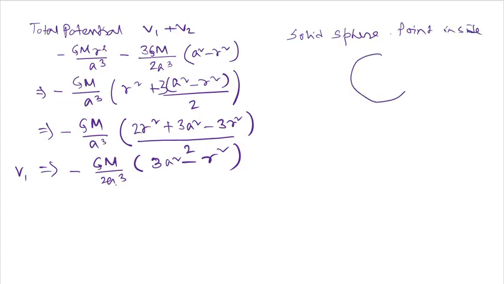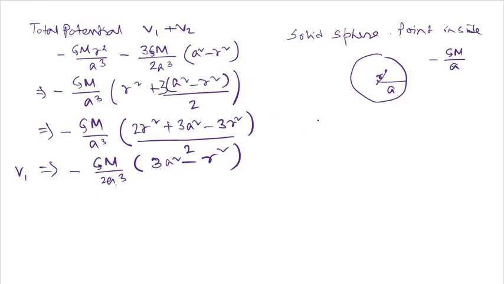Suppose this is a solid sphere and the point is lying somewhere here, so this distance is R and this is A. So for the solid sphere the formula is different. For the hollow sphere you have seen this is minus Gm by A, but here the formula is Gm by 2AQ, 3A square minus R square.